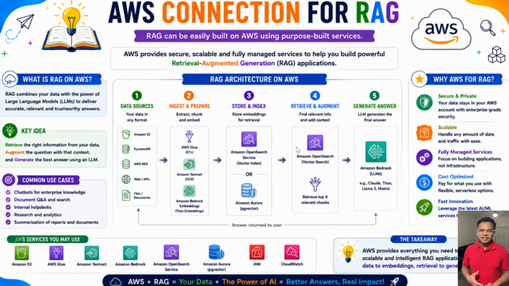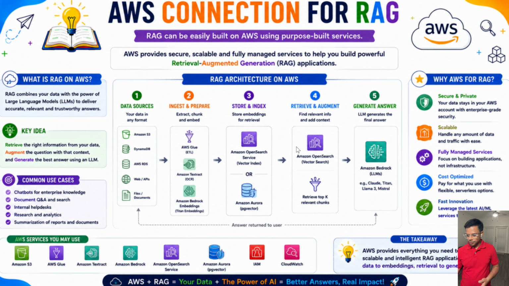Services like Amazon S3, Knowledge Bases for Amazon Bedrock, embedding models, and vector search work together to retrieve relevant information and provide accurate AI responses. If you are preparing for the AWS Certified AI Practitioner exam, understanding this concept is very important. We will explore Amazon Bedrock in detail in our next episode.